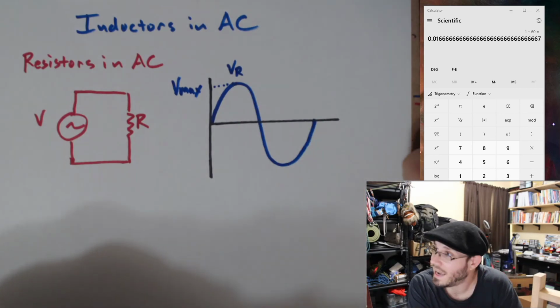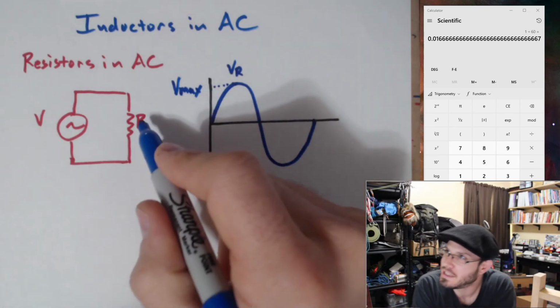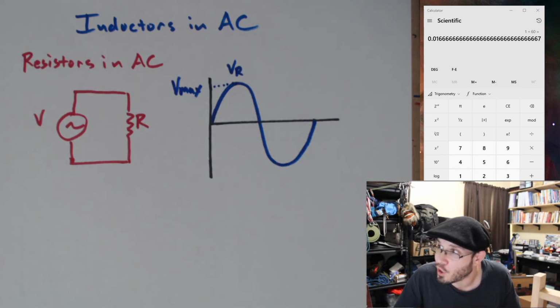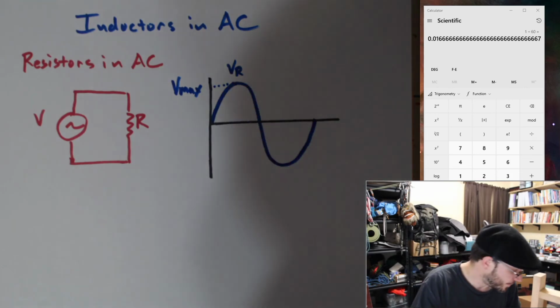And so we would like to say, well, what is the current doing? Well, as the voltage is increased, as it's applied to the resistor, the current is also going to go up. They're proportional, and they're proportional according to Ohm's law.